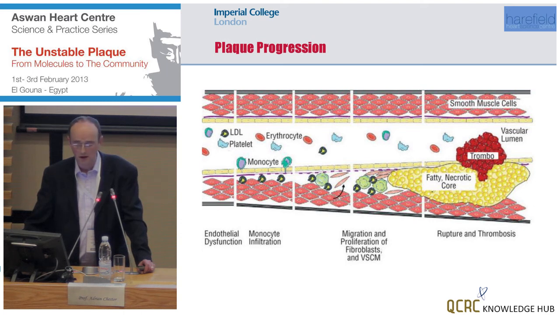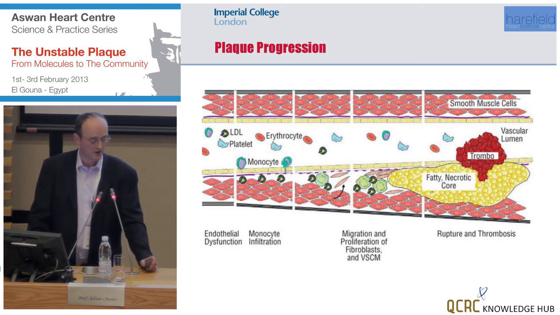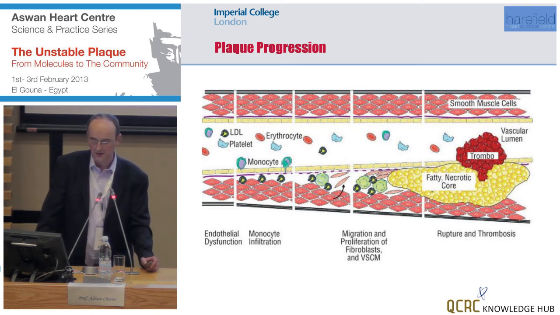And there may be events, risk factors, for example, that then tip the balance in areas of low shear stress to allow for these inflammatory processes to come into play and to predominate, and for the process to progress.